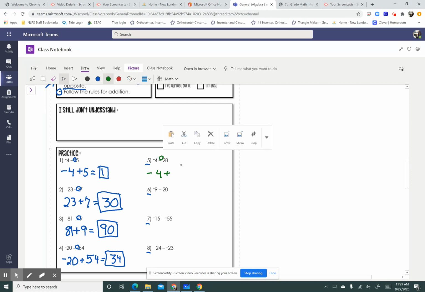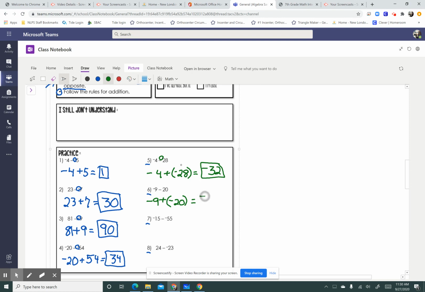So instead of +28, it will be -28. -4 plus -28 is -32. -9 plus, we have a +20. We'll change that to a -20. And look how I'm using parentheses here. And that will equal -9 plus -20 is -29.